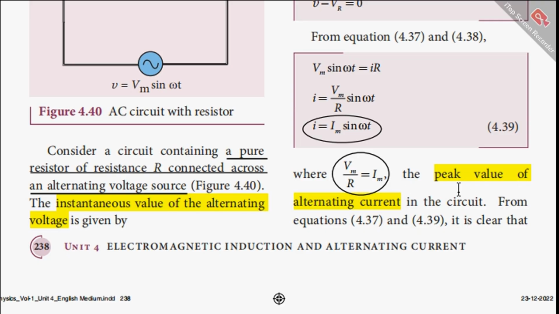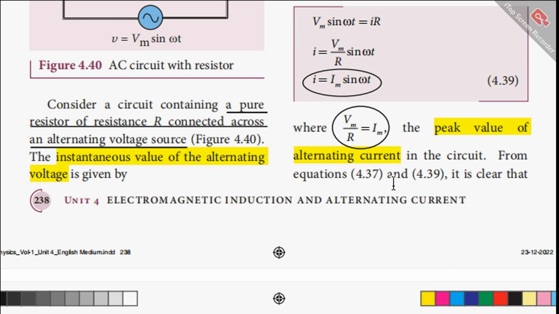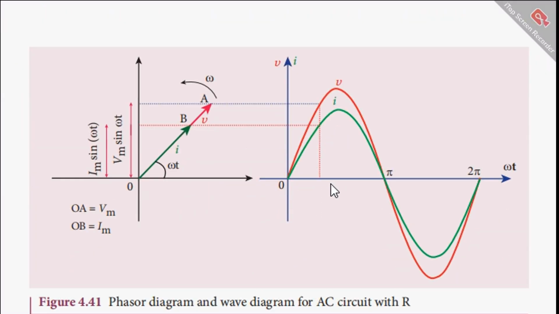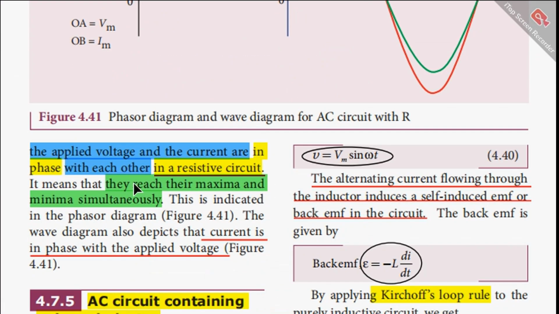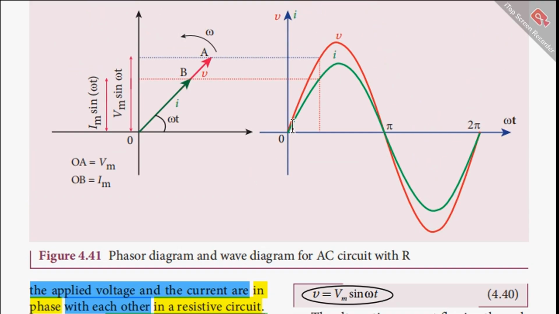That's the peak value of alternating current in that circuit. And from equations 4.37 and 4.39, we get that the applied voltage and the current are always in phase with each other in a resistive circuit like this.